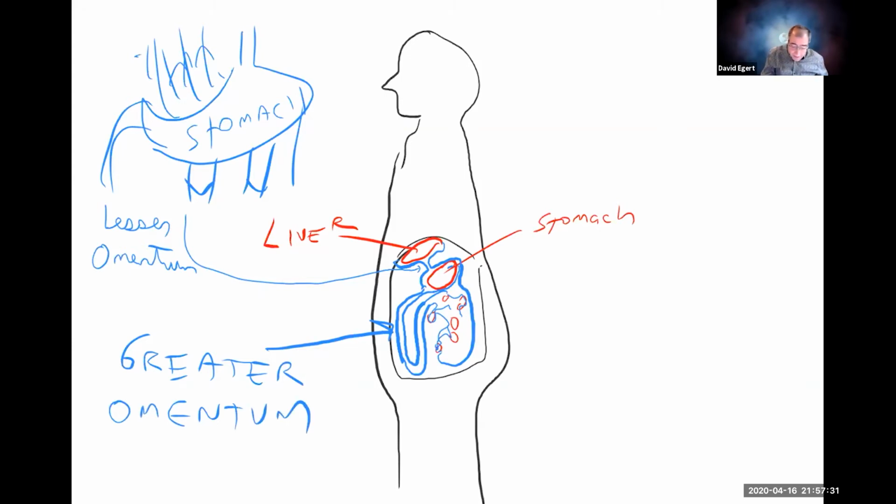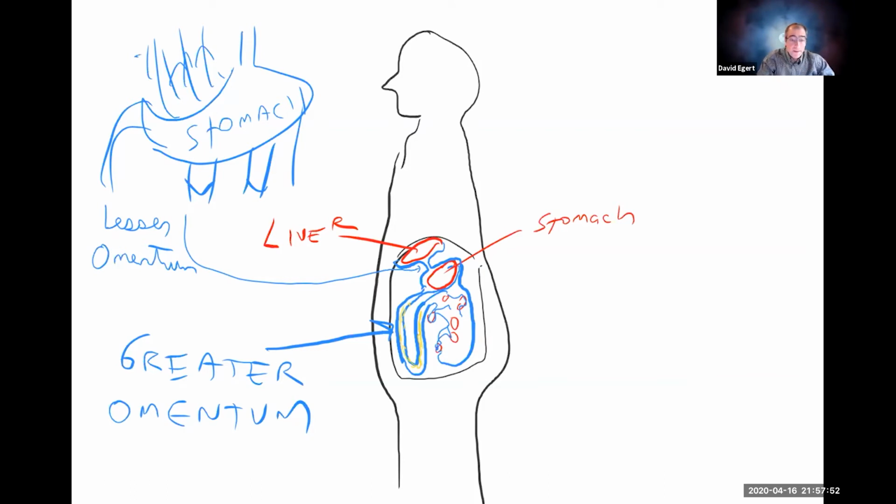This is filled with a lot of fat inside. When you see somebody with a beer belly, it's like, whoa, why are they so round? Where is that fat? A lot of that fat is actually inside the greater omentum.